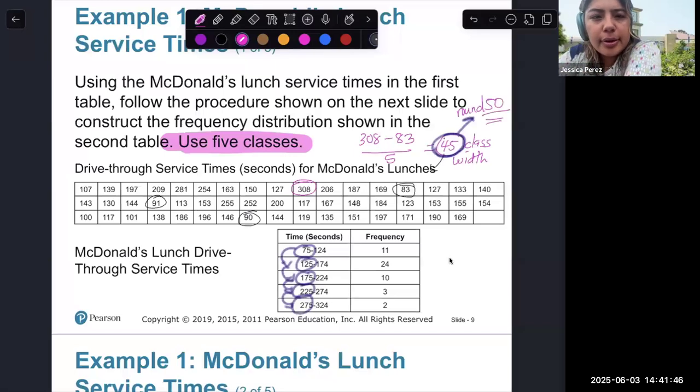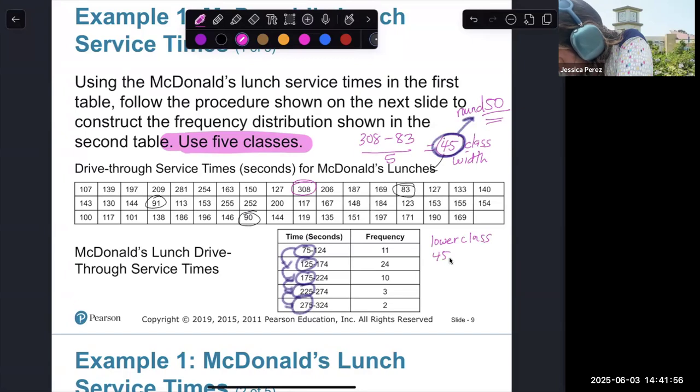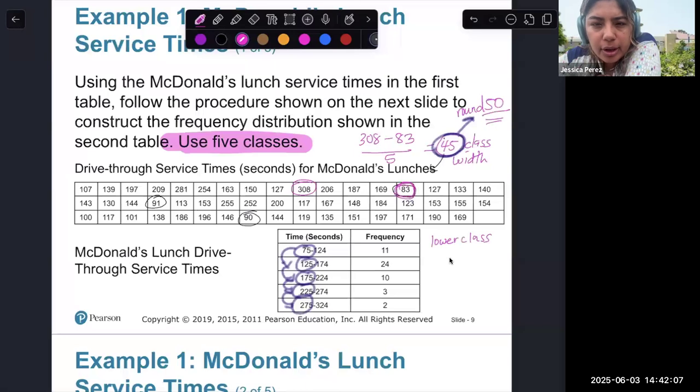So our class width will round up. So we will begin our lower class with, oh sorry, 75, because you could say we can pick 80, but we want to be very selective on what number.